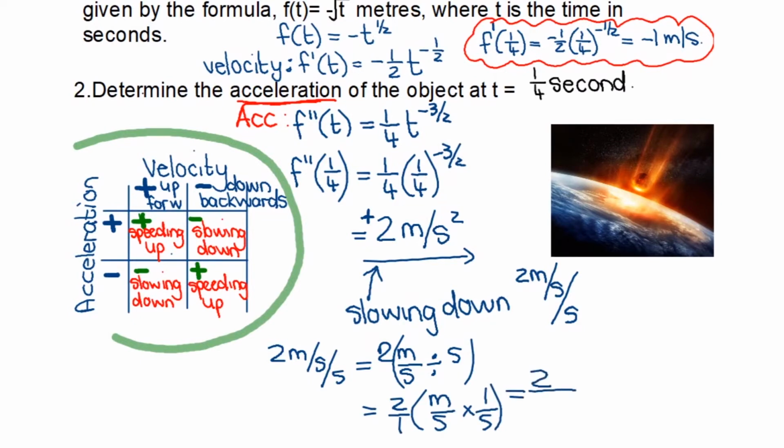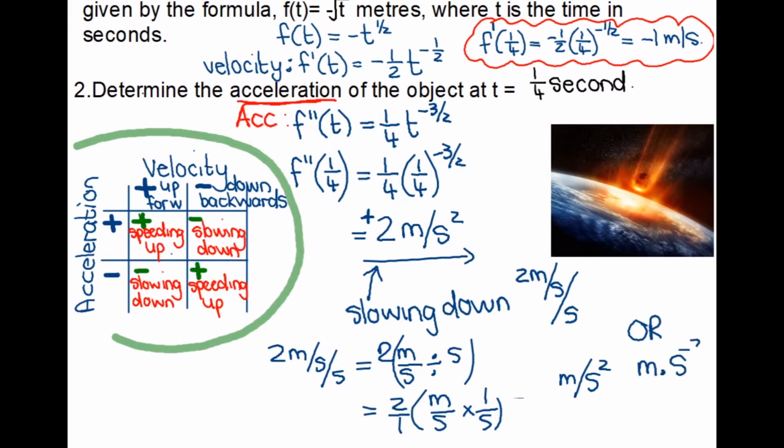Let's just leave out the 2: meters per squared second. Or you can write it as meters per second to the power negative 2 if you don't want that s squared to be below the line, but don't mix up the 2 units.